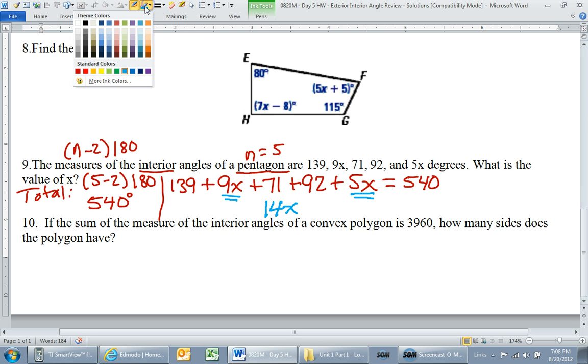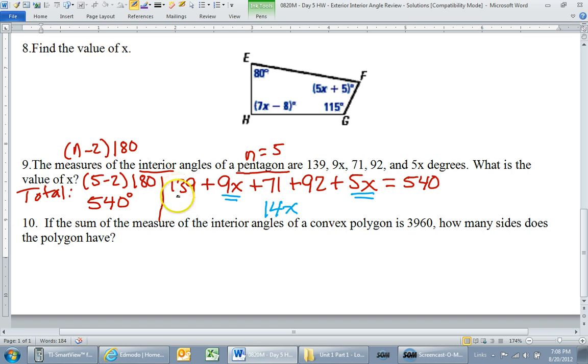And then on the other hand, let's see, I'll use purple. 139 and 71 and 92 go together to make 302. Okay, and all that should equal the total of 540. Whoops, I mean a 4.